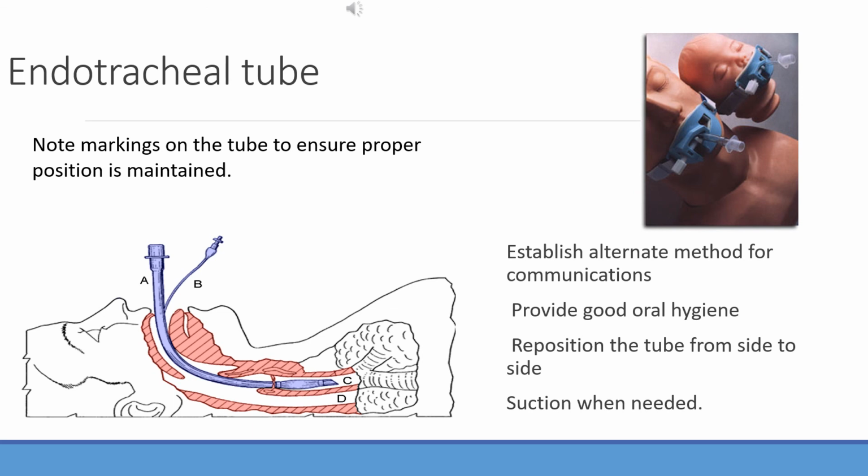Note markings on the tube to ensure proper position is maintained, so make sure that it has not slipped out. And there are things that we need to do as far as patient care and interventions when a client has an endotracheal tube. For instance, establishing an alternate method for communication, providing good oral hygiene, repositioning the tube from side to side, and suctioning as needed.